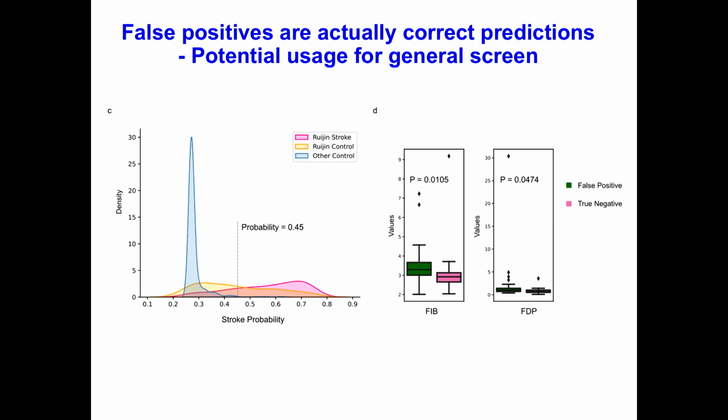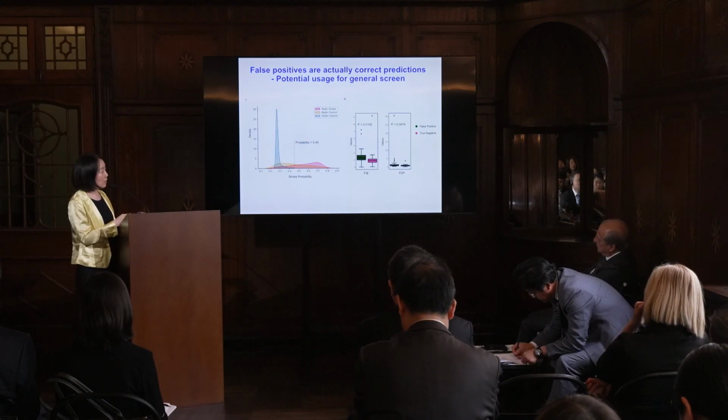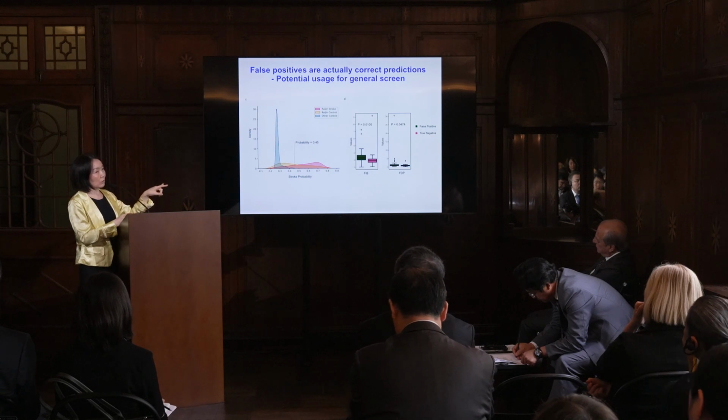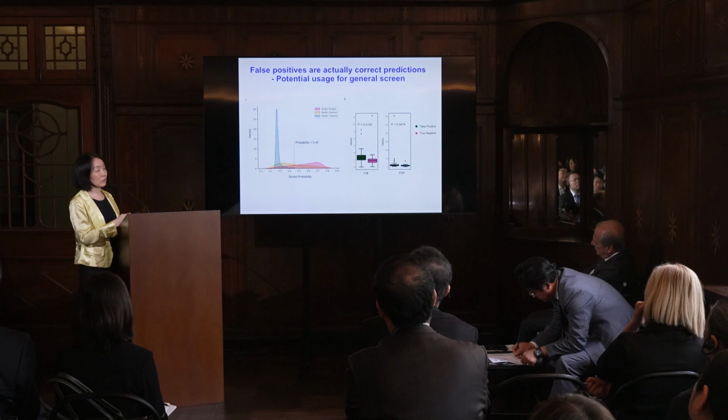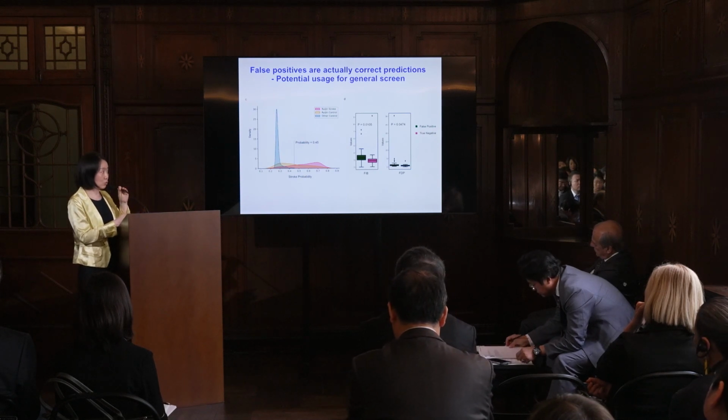You can see it has a very large overlap with the region positive cohort. Using this probability of 0.45 to determine who's going to be negative and who's going to be positive, we can see that at least a third of the controls also have a very high probability of stroke.